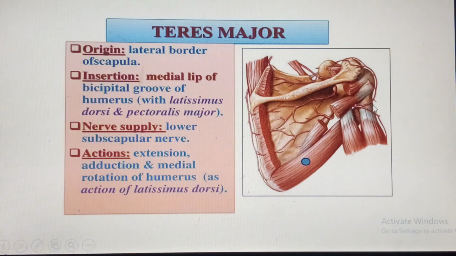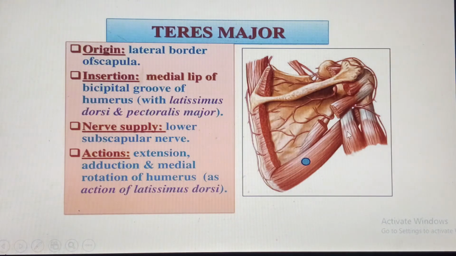Now, this muscle is supplied by the lower subscapular nerve. By way of action, it helps in medial rotation of the humerus, because it inserts on the medial lip of the intertubercular sulcus. It also assists in adduction, bringing the upper limb towards the midline of the body.